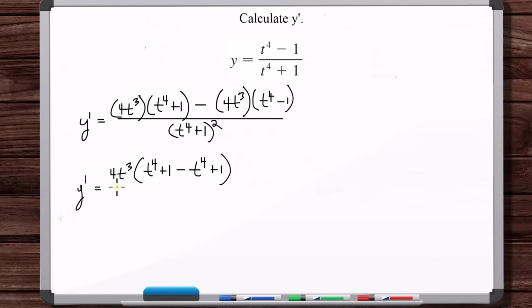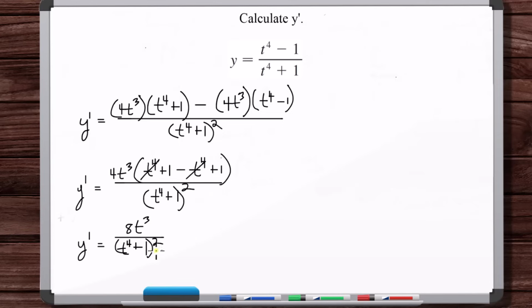We have to distribute this minus sign. So these subtract out. 1 plus 1 is 2, so we're left with that, and that's the derivative.